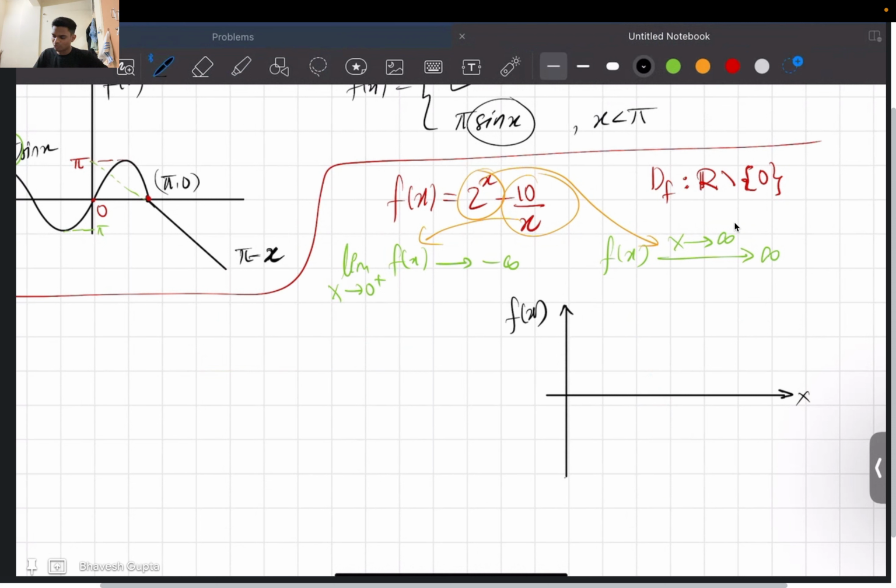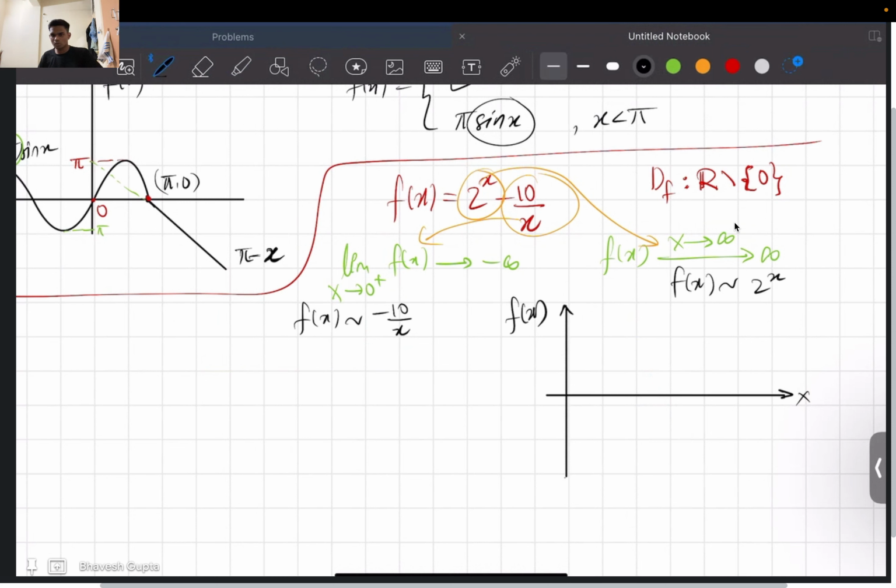So when x goes to infinity, my overall function can be approximated as 2 to the power x. But when x goes to 0 plus, my function can be approximated as minus 10 over x. So you can see how we construct this particular problem.